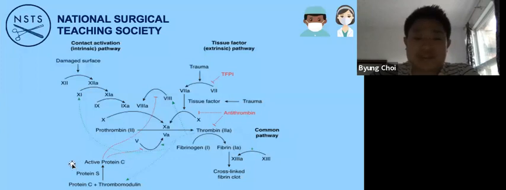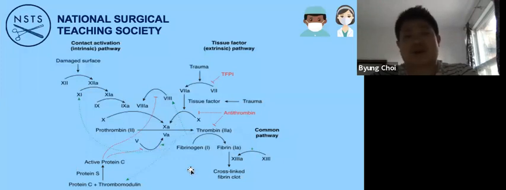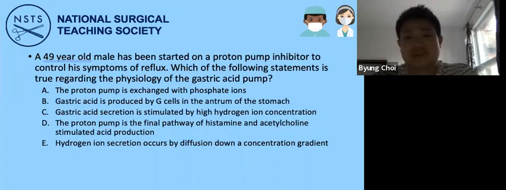Often they may ask questions about activated proteins C and S, so that can come up as well. But from my experience, I personally didn't have any questions about individual factors. It was more about what measured what within the hemostatic pathway, or whether it was to do with heparin or warfarin affecting which factors. Okay, so we'll go on to the next question now.